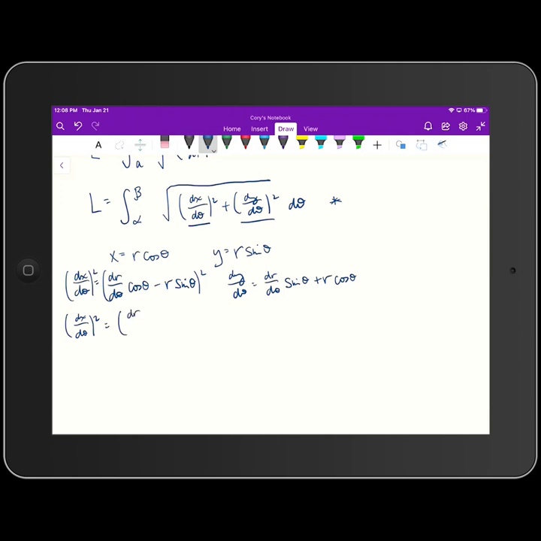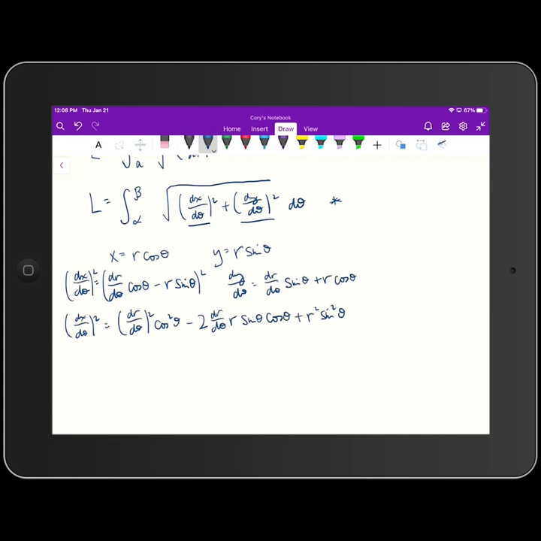So that's going to be dr d theta squared times cosine squared, minus 2 times dr d theta times r times the sine of theta times the cosine of theta. And then when I take negative r sine of theta and square it, that's going to become r squared times the sine squared of theta.